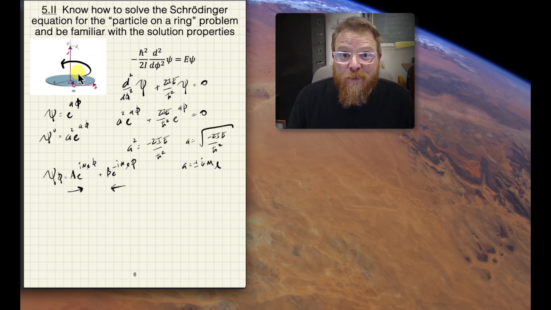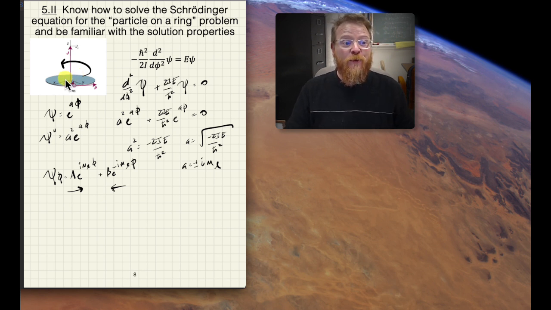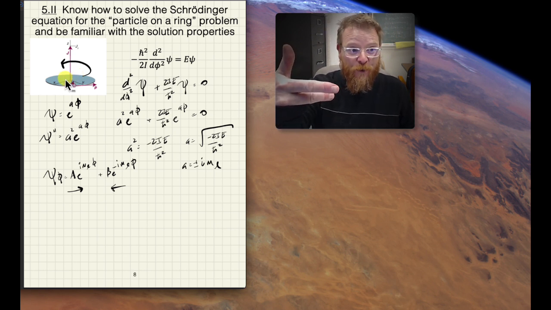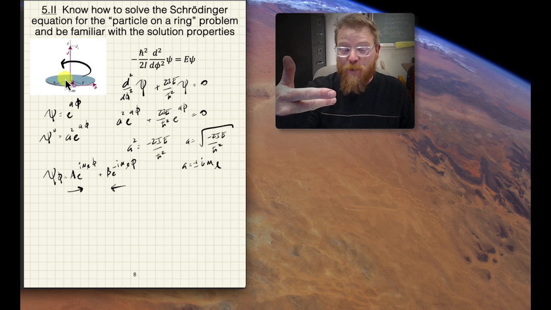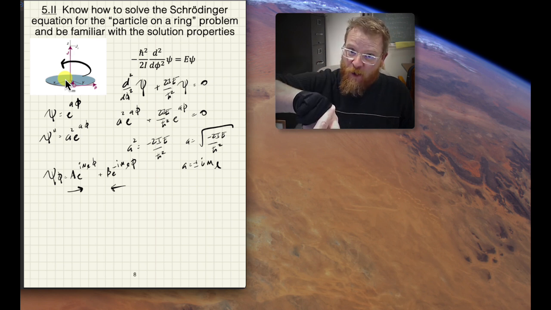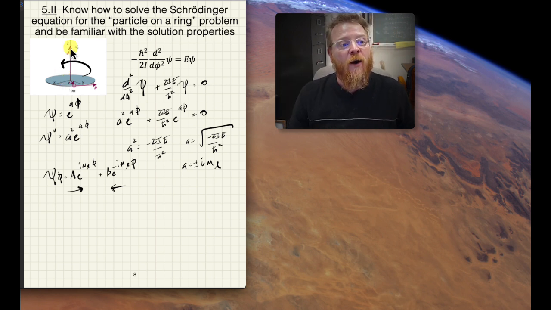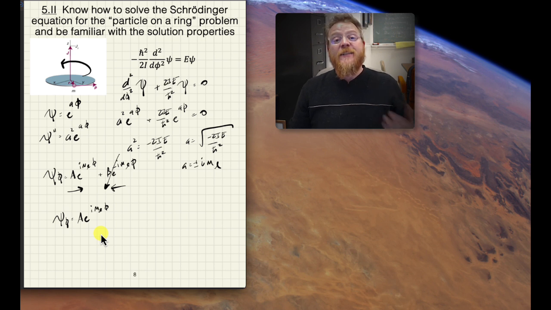But based on the picture that I have here, following my right-hand rule, we recognize that we're really only going to be moving in one direction depending on our orientation of our angular momentum. So I'm going to throw out one of those solutions and recognize that we really only need one of them because we've already allowed ml to take on plus or minus values.